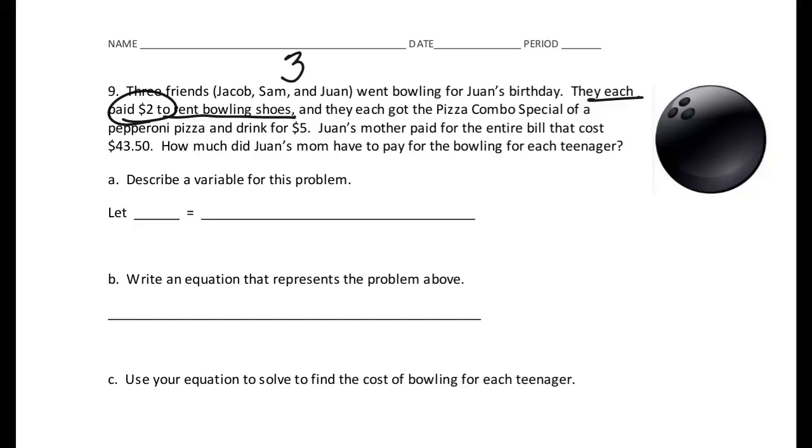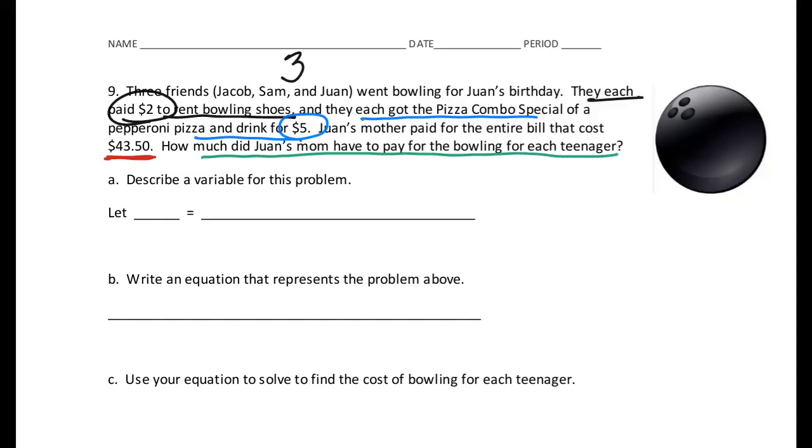They also each got the pizza combo special of a pepperoni pizza and drink for $5. Juan's mother paid for the entire bill that cost $43.50. Okay, so that's kind of important. How much did Juan's mom have to pay for the bowling?